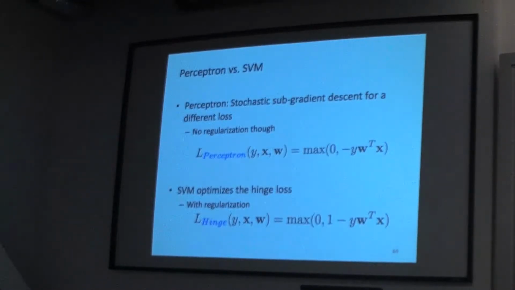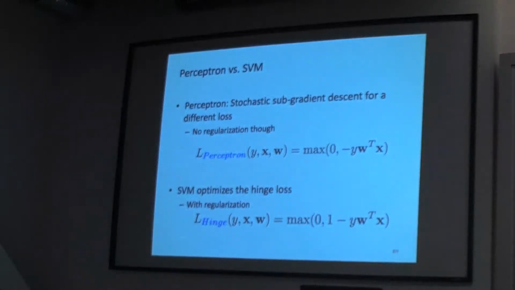The answer is yes. It is not difficult to find that the perceptron update essentially comes from the subgradient of this function. Every time you meet an example x and y, you just calculate the subgradient of this max function.